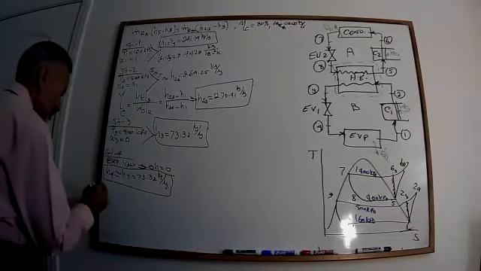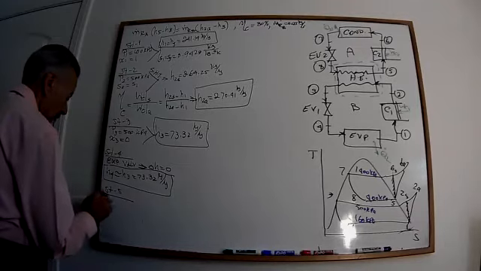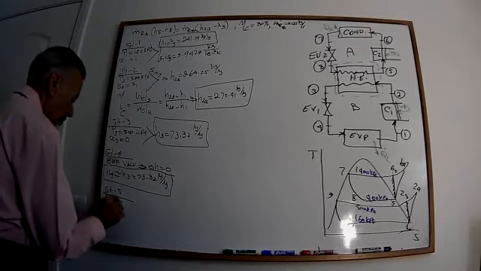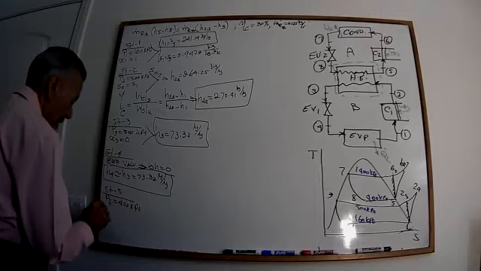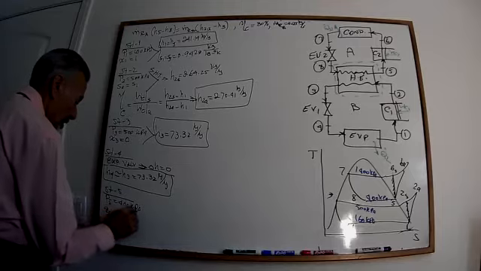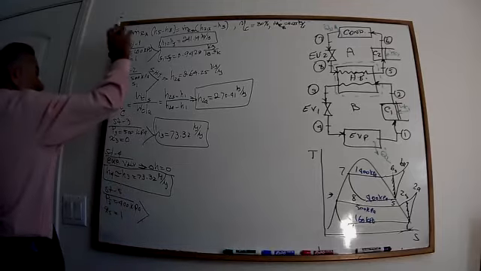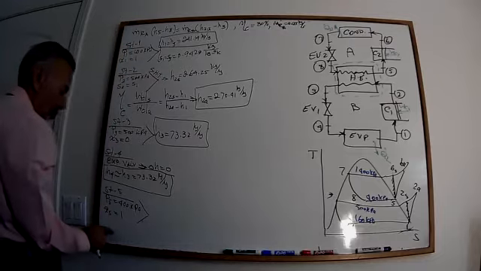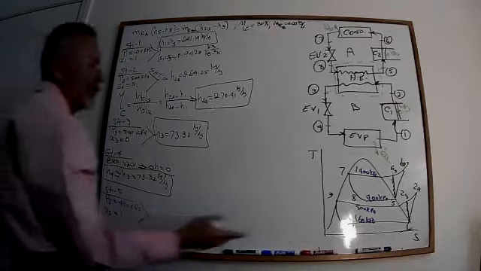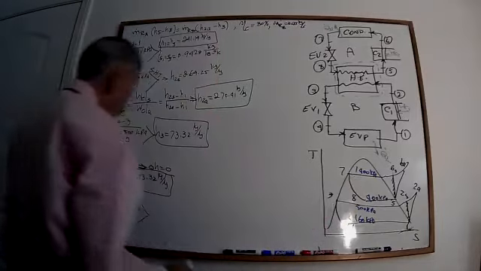Now I go to state 5. At state 5, I have P5 equal to 400 kilopascal, and I have X5 being equal to 1. Once again, I'm repeating exactly what I did at states 1, 2, 3 and 4. Everything that I've done here, do it here as well.